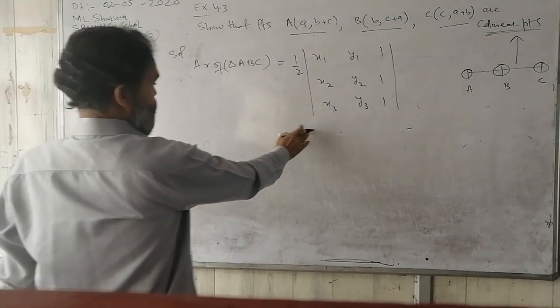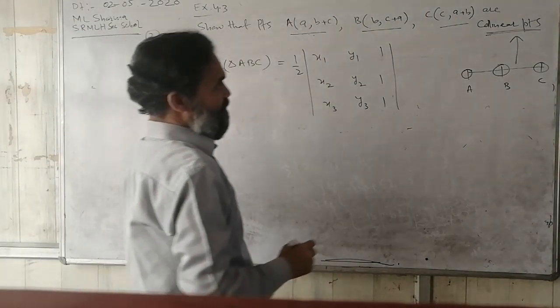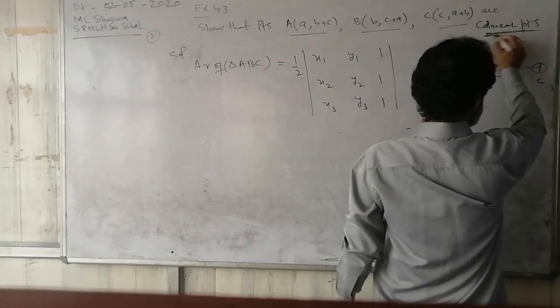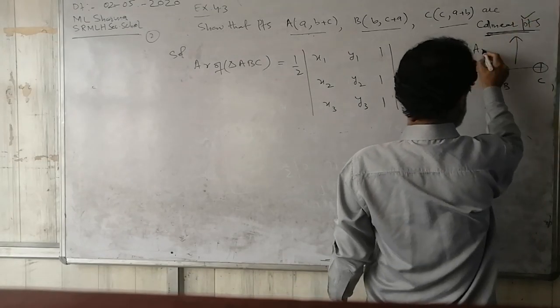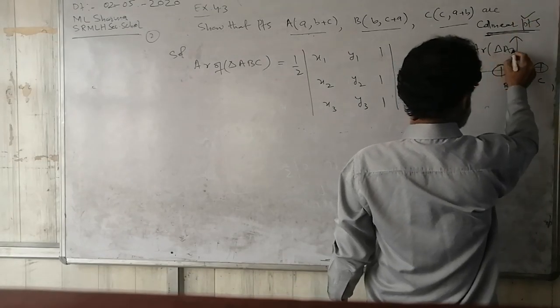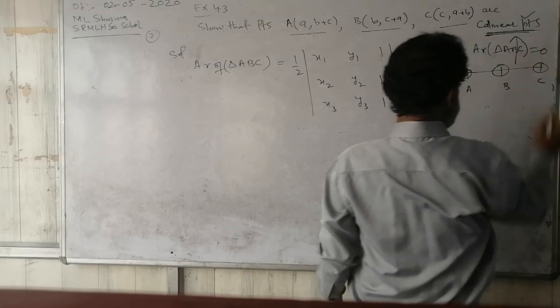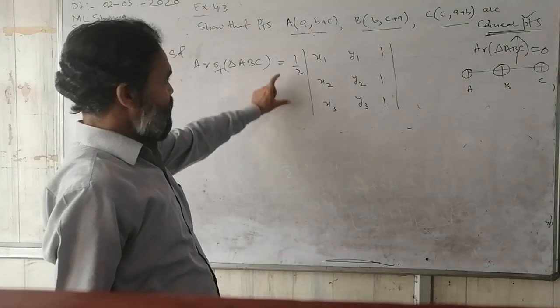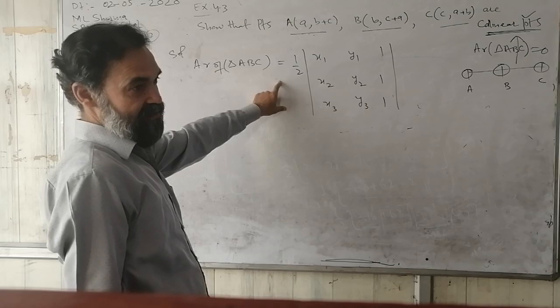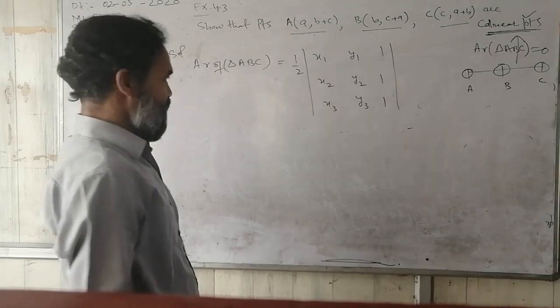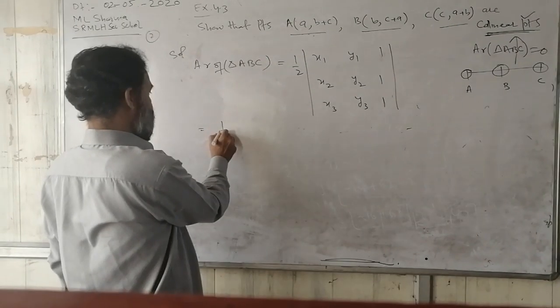Points are collinear if the area of the triangle is 0. We have to show that this determinant is 0, which means the points are collinear.